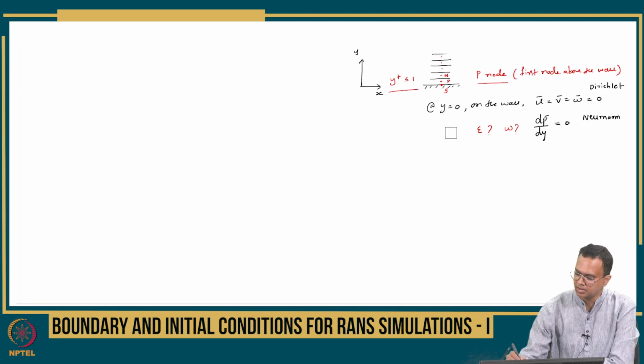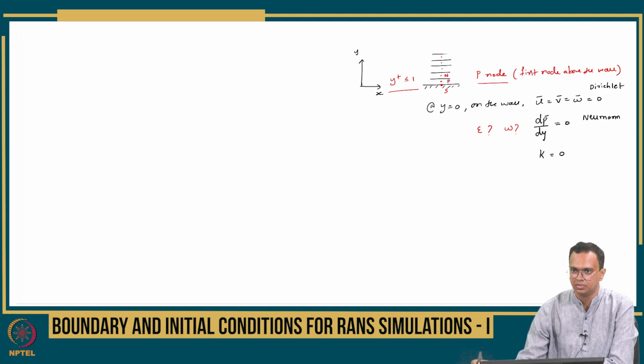So this is not a problem. So k, what should k be on the wall? K has to be 0. K is 0 on the wall, right? It is made up of fluctuating velocity components. Velocity goes to 0, k goes to 0. Only epsilon and omega are something you have to think about.